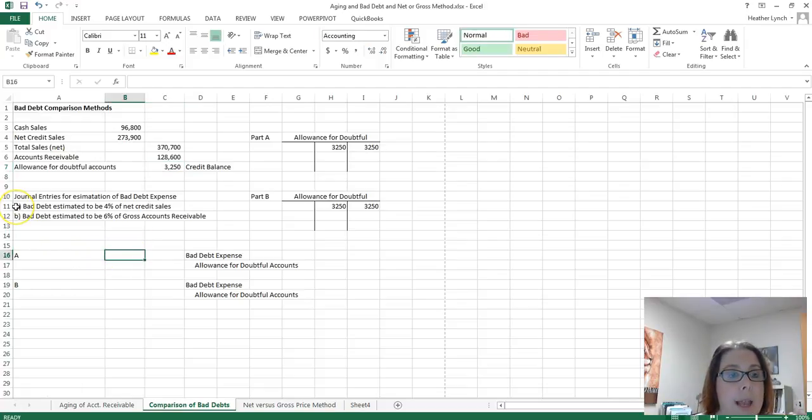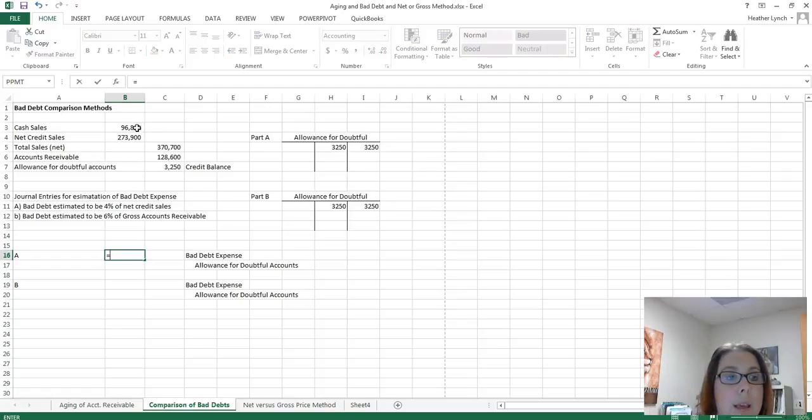So on here we say bad debt estimated to be 4% of net credit sales. We don't want total sales in this situation because total sales includes cash sales. We already have the money for cash sales, so we don't need to estimate how much is uncollectible. We're only concerned about the credit sales.